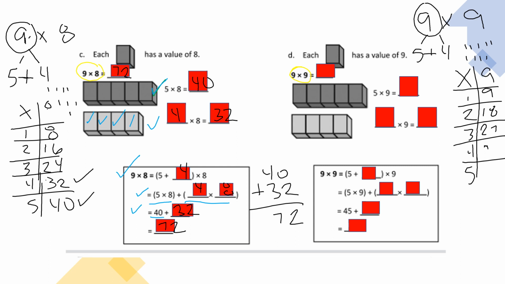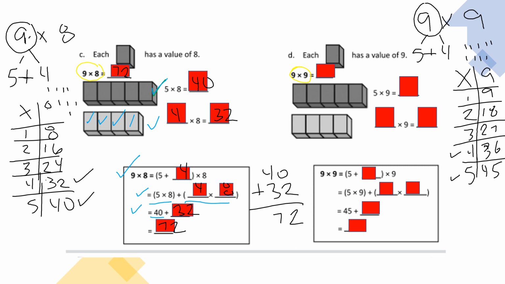Okay, and 5 times 9 is 45. All right. So again, the two equations that live inside of 9 times 9 are 5 times 9 and 4 times 9. We have our answers for those here.